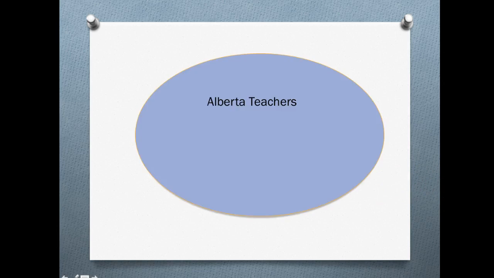So I wanted to look at this question in greater depth, and I wanted to think about this based on the Alberta context. So my population then was the Alberta teachers. My sample were beginning teachers, and I chose that sample because from my perspective, they had made the decision to become teachers relative to the larger population.